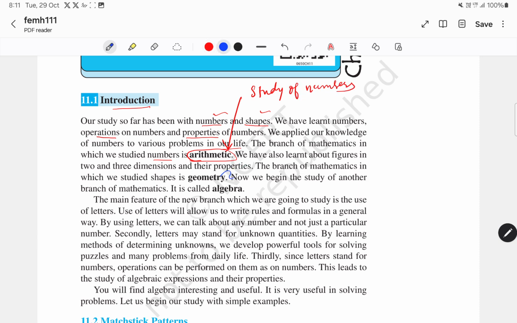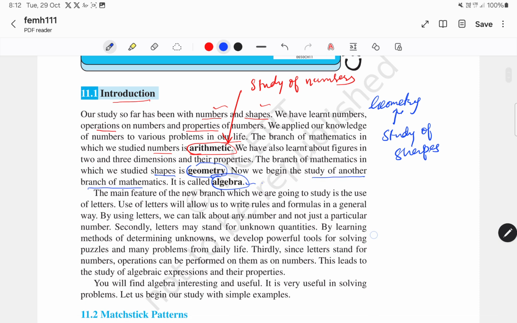The branch of mathematics in which we study shapes is called geometry. Geometry is the study of shapes. Okay. Now we begin to study another branch of mathematics which is called algebra.